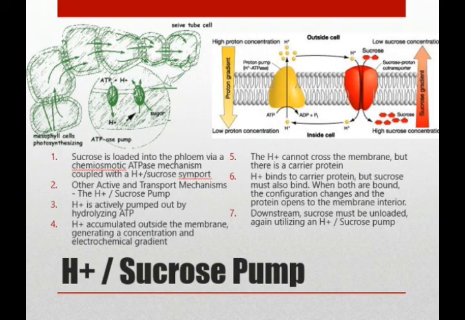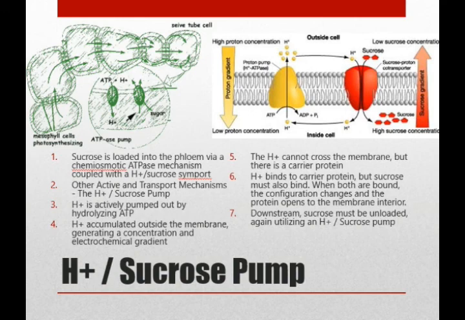H+ sucrose pump. First, sucrose is loaded into the phloem via a chemiosmotic ATPase mechanism coupled by H+ sucrose cotransport. This is an active transport mechanism, the H+ and sucrose pump. H+ is actively pumped out by hydrolyzing ATP.